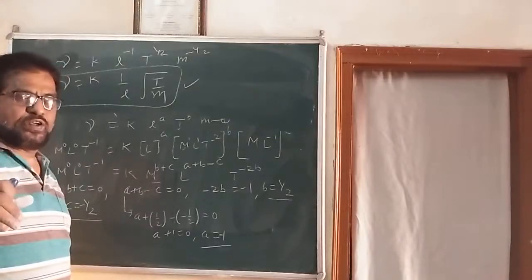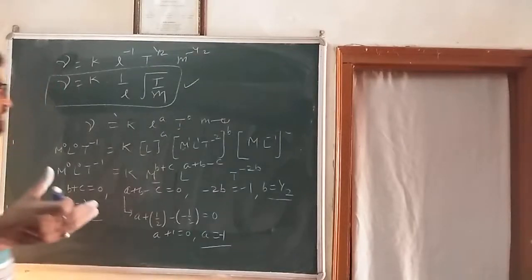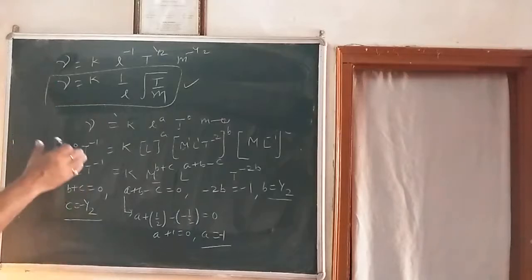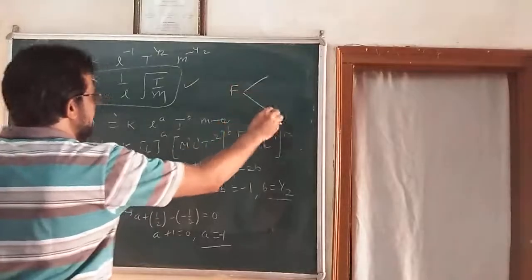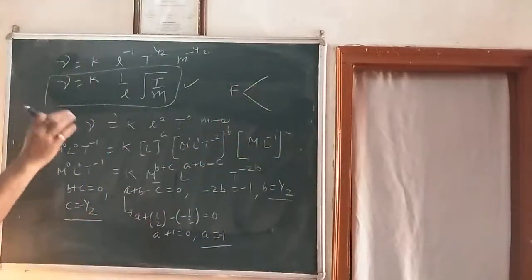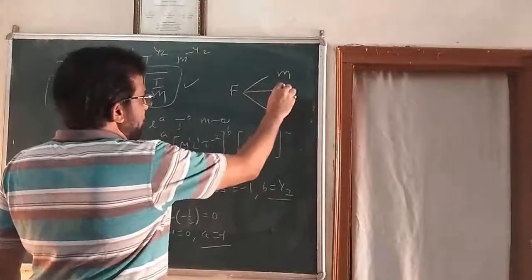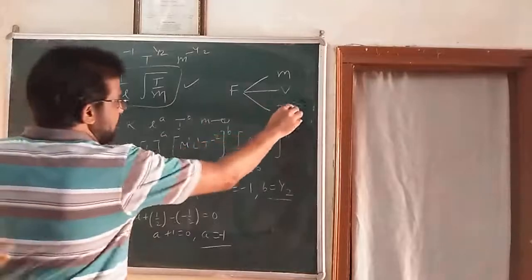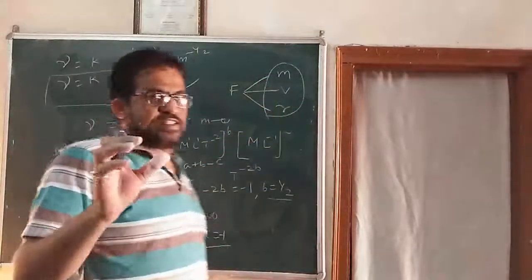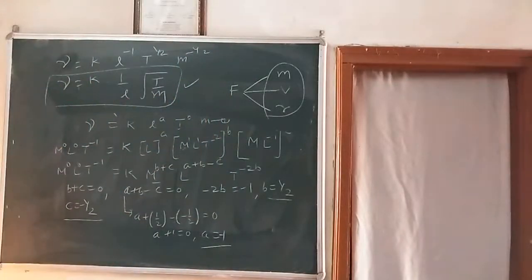Now you can derive. One assignment for you. So what is that assignment? The centripetal force F depends on three factors: mass of the body, velocity of the body, and radius r of the circle.